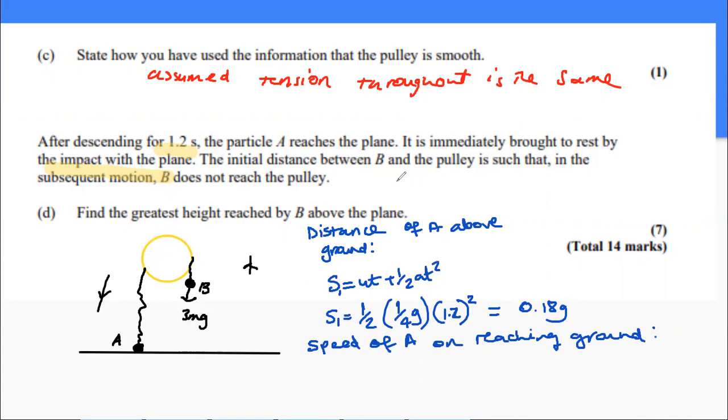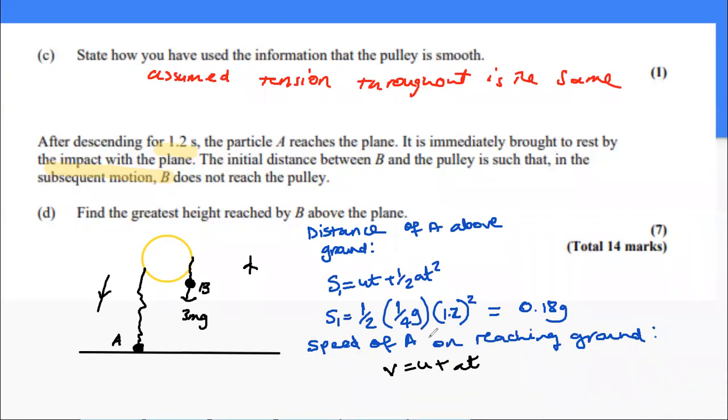This is important. So I'm going to use V squared equals U squared plus 2AS. Now, my velocity is going to be the value which we have worked out.